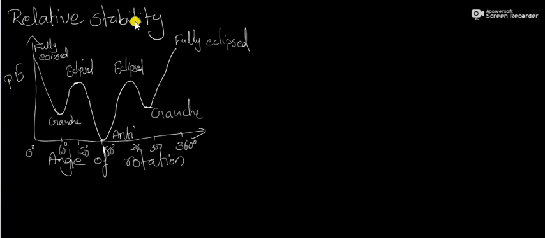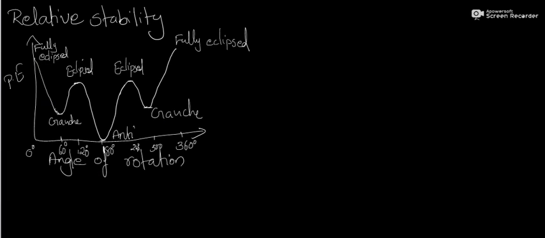This is the potential energy diagram of butane. It shows the most stable conformation is anti-conformation, then Gauche conformation, then eclipsed conformation, and the least stable is fully eclipsed conformation.